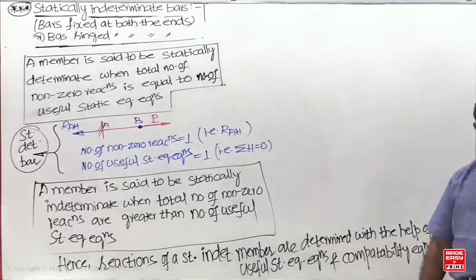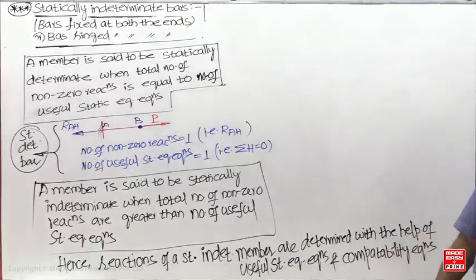Compatibility equations are written in terms of deformations. When a bar is fixed at both ends, you write down that the total change in length is 0.